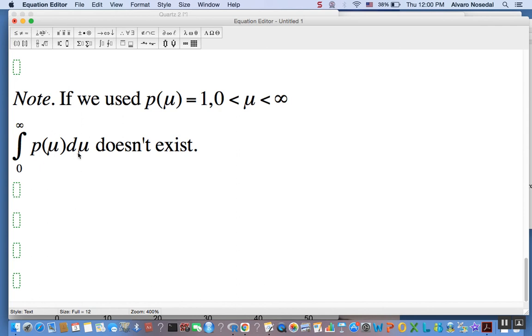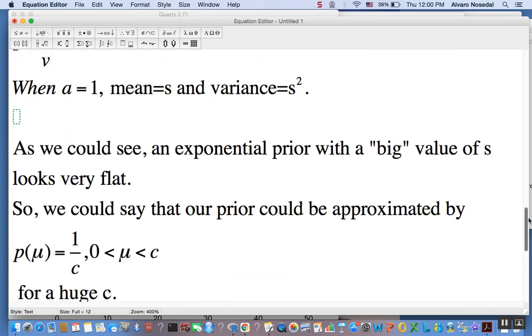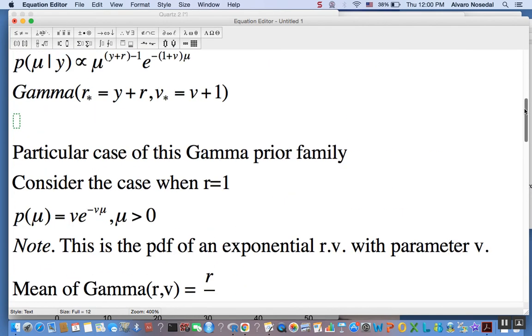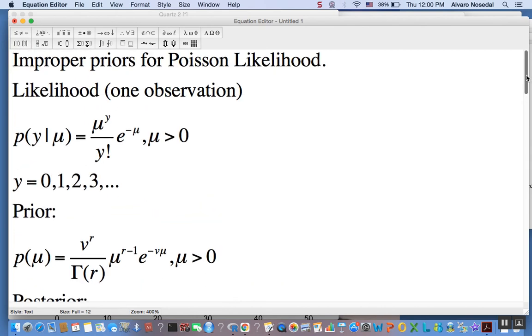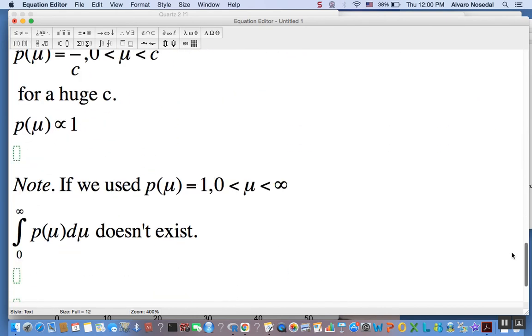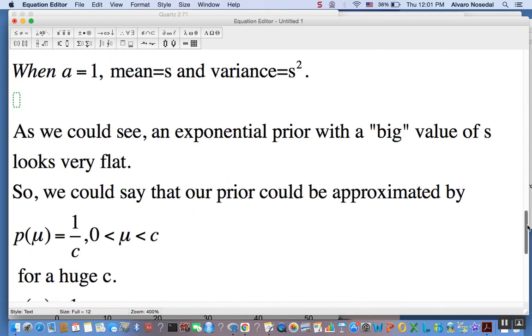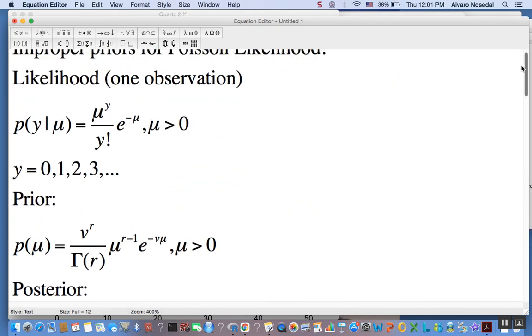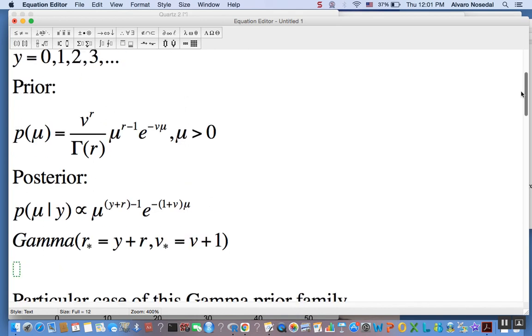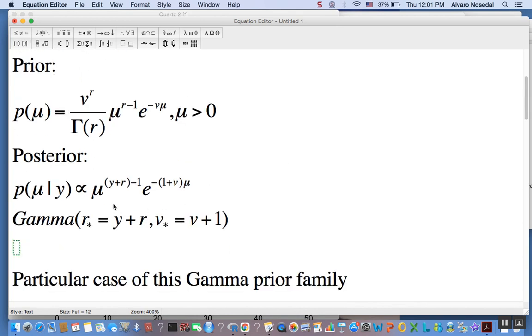However, note that if we applied Bayes' theorem using that improper prior, which would be just a 1, once you do this, posterior is prior times likelihood, right?